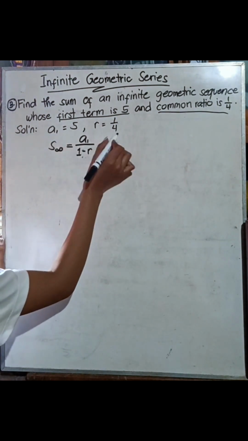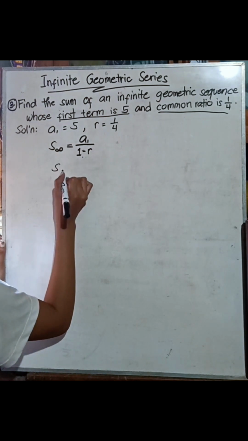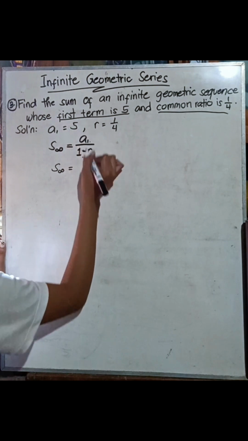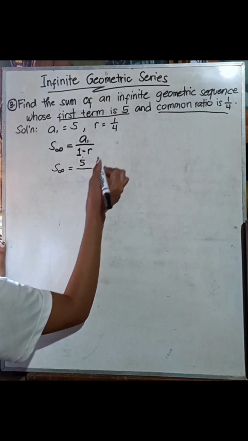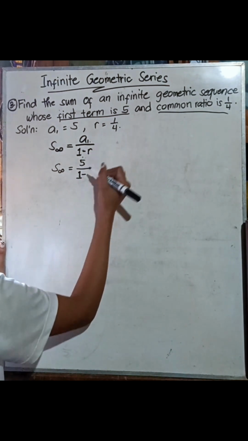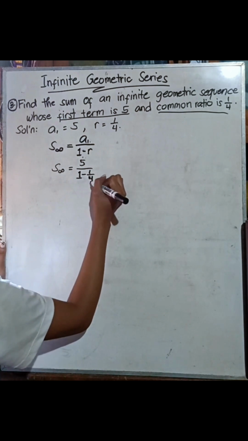Now, substitute the given. So, S sub infinity is equals to A sub 1, which is this 5. So, 5 over 1 minus, our R is 1/4, minus 1/4.